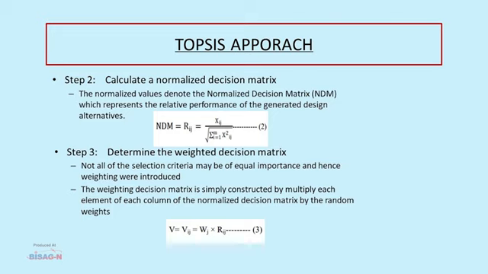Step 3 is the determination of the weighted decision matrix. In this, all the criteria will have different importance, and according to the importance and influence on the outcome, we give them weights.